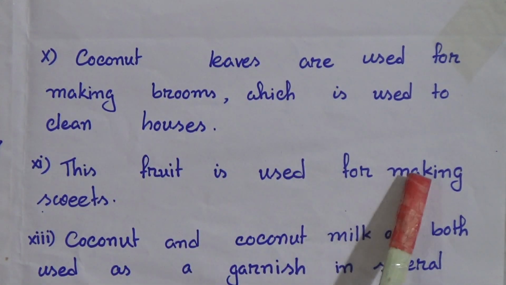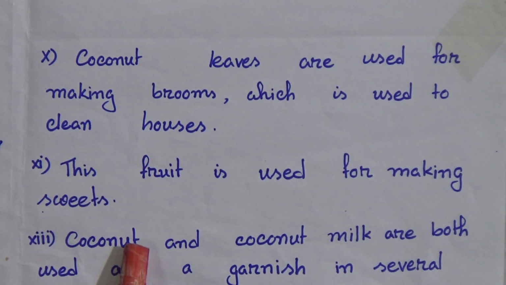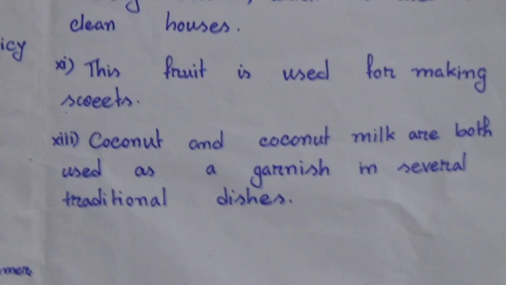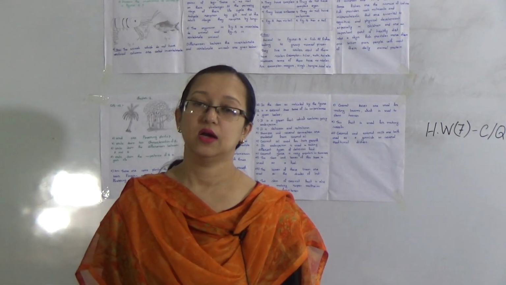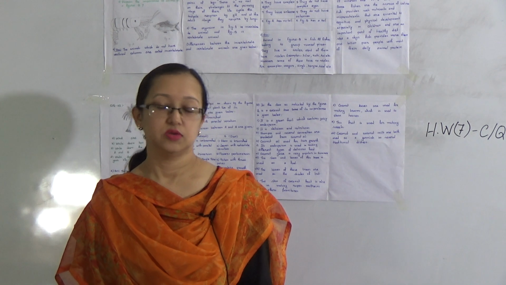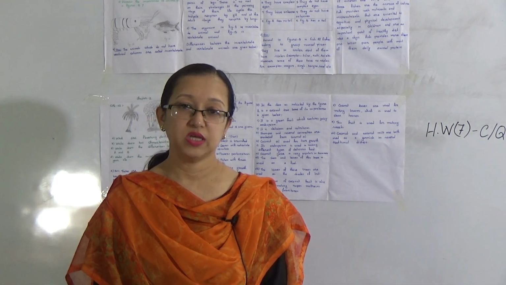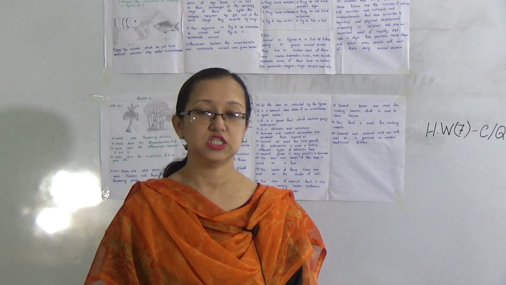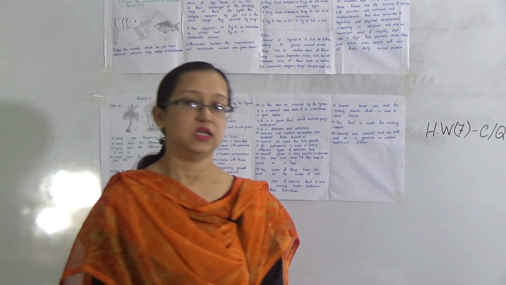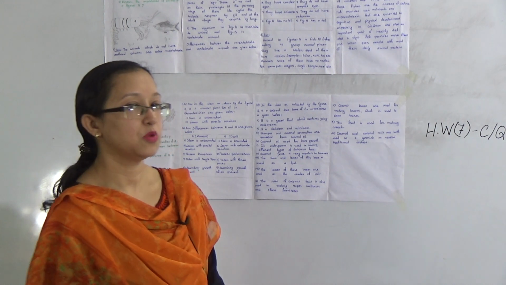This fruit is used for making sweets. Coconut and coconut milk are both used as a garnish in several traditional dishes. You know that coconut is a very popular food in our country. We take its water and its endosperm as a sweet, and for making our delicious dishes and other things. And in this question we will discuss this.